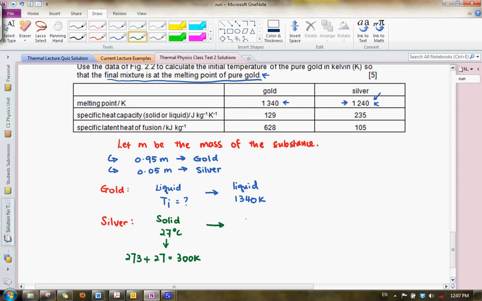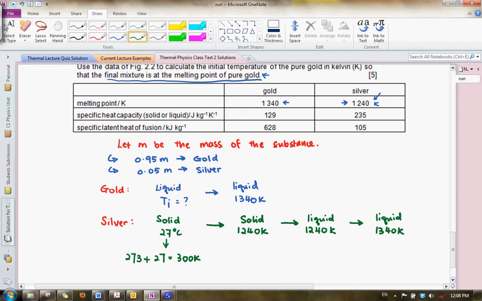It has to first undergo a temperature change before it can melt, so it needs to move up to 1240 Kelvin. Then from solid, it undergoes melting to liquid, and in the process, it stays at 1240 Kelvin, and finally we want its temperature to be 1340 Kelvin.